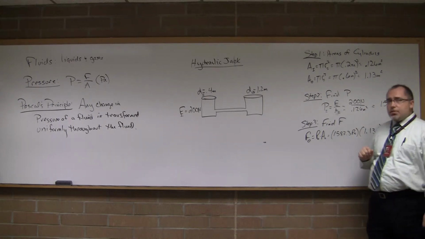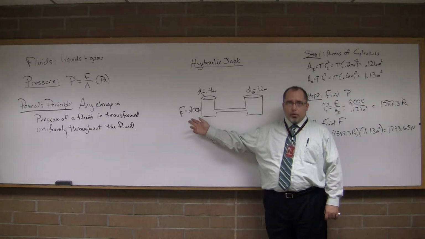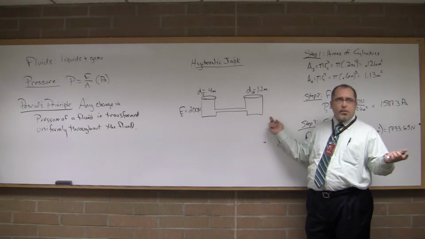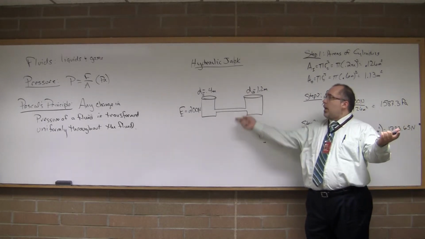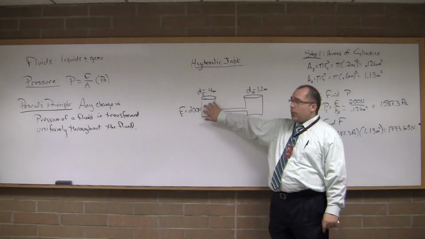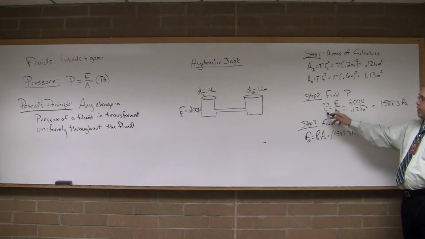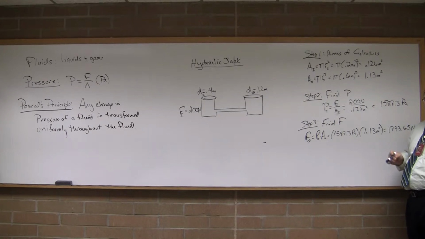Step two is to find that change in pressure. In this case, I gave the input force, so we're going to use the input cylinder's information. If you're given a necessary output force, say for instance you have a car that weighs 10,000 newtons that you have to lift, then you use the output cylinder to calculate it. But since we have the info over here, we're going to use the input. Pressure from the input cylinder is the input force divided by the cross-sectional area of the input cylinder.